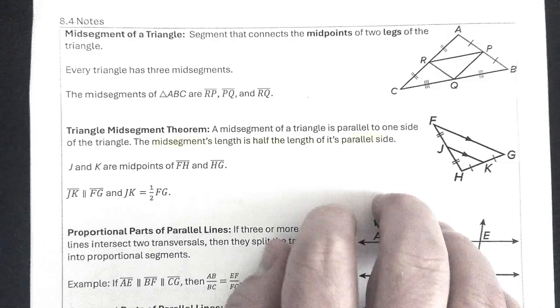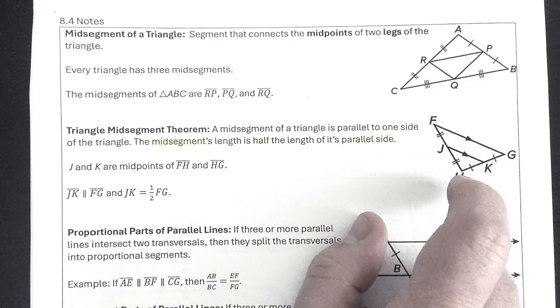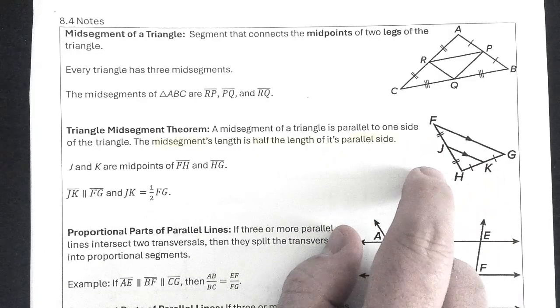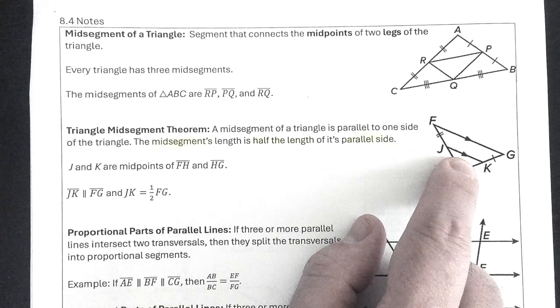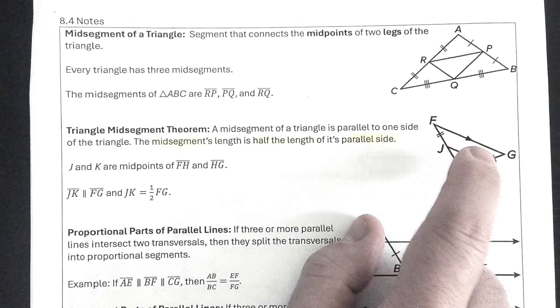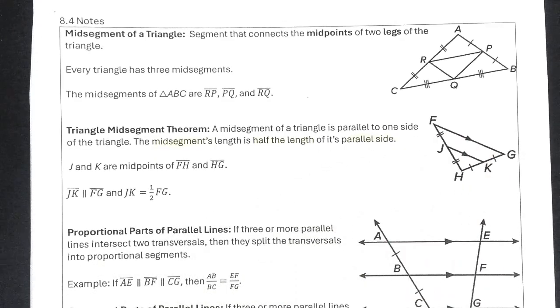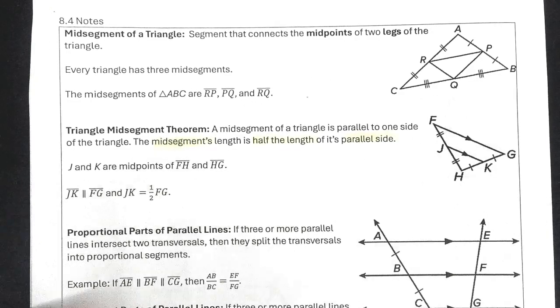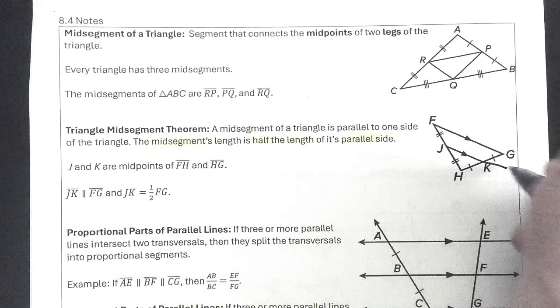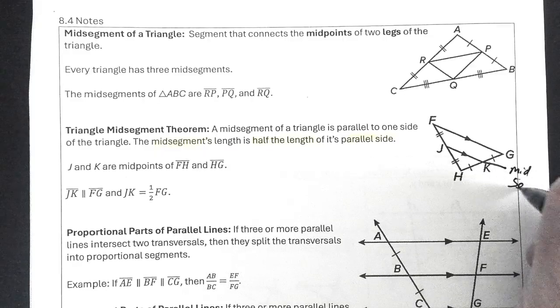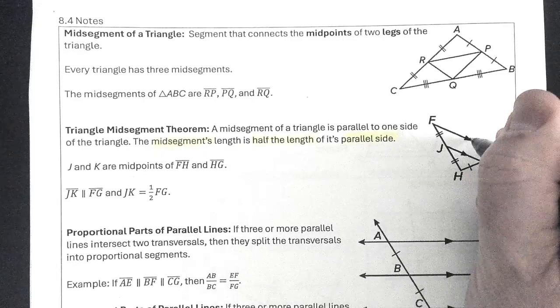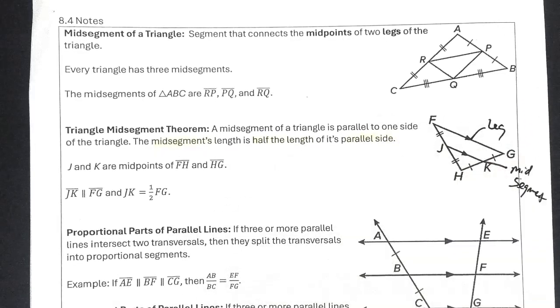So again, if these two are parallel, these two are midpoints, this guy's going to be half the size of this guy. So just so we know, this is the mid segment and this is the leg. Just want to make sure we're all on the same page.